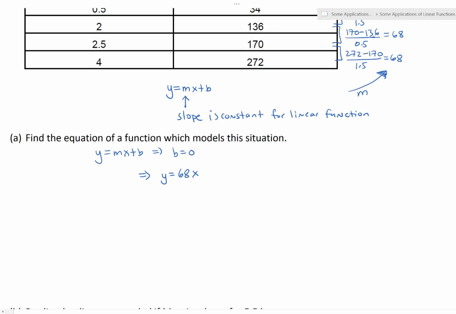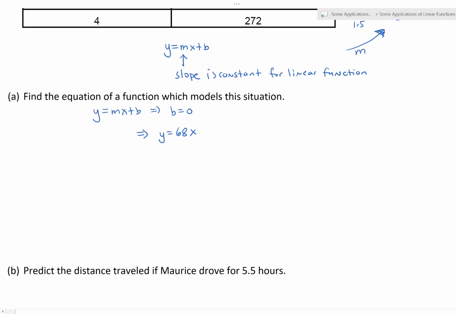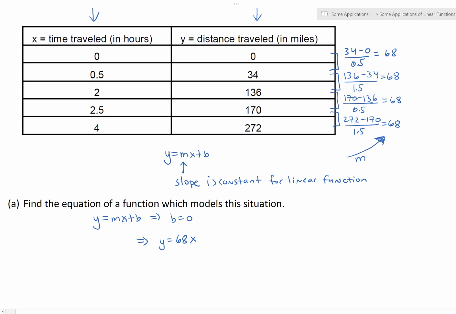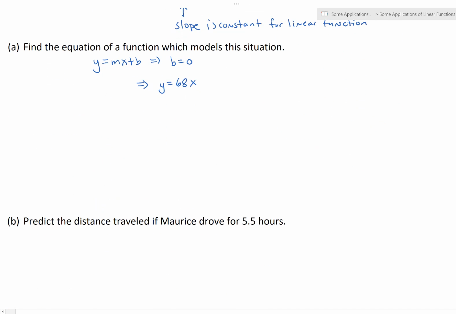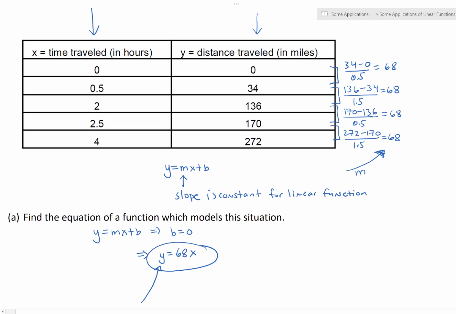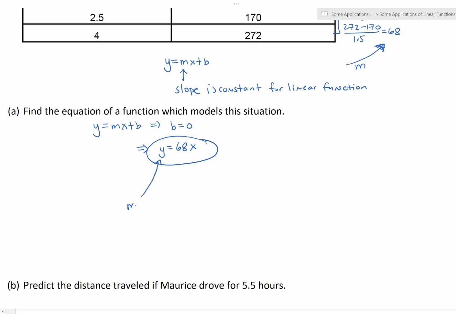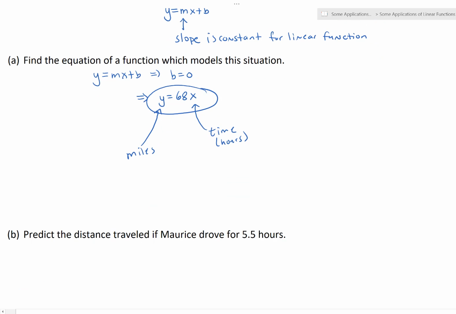Now that we know that, let's figure out the distance that Maurice traveled during the first 5.5 hours. Notice that 5.5 is not on this table, so we don't know what it is yet. Using our formula right here, keeping in mind that y is distance traveled in miles, and x is time in hours that has passed, we replace x with 5.5.